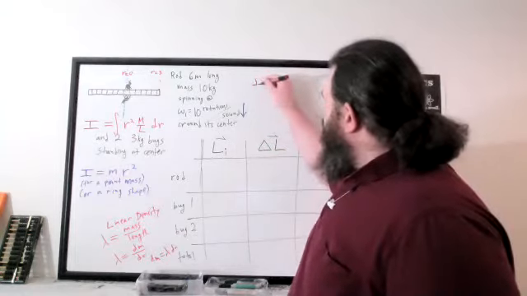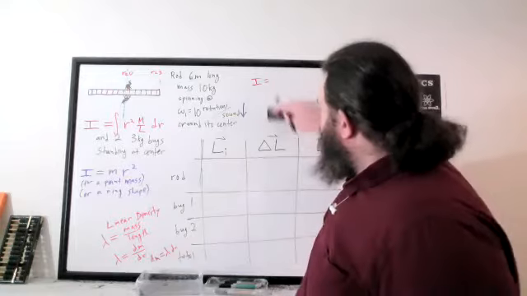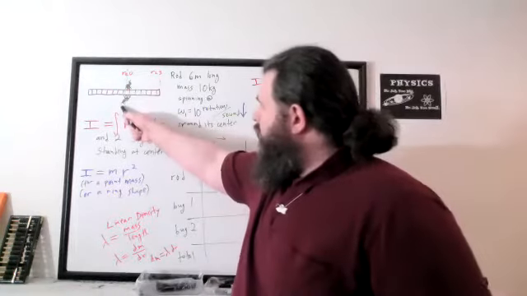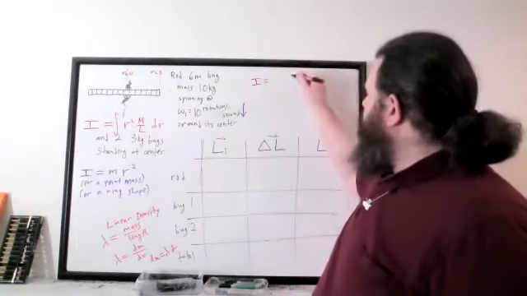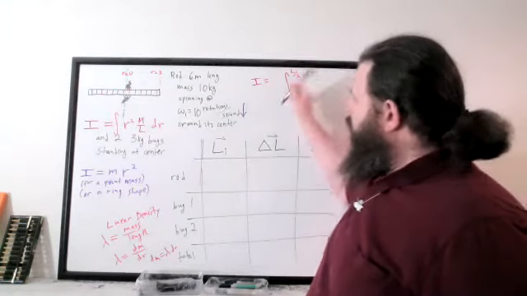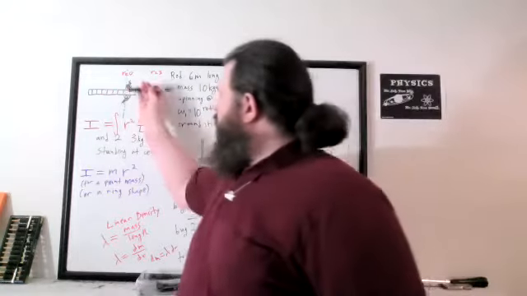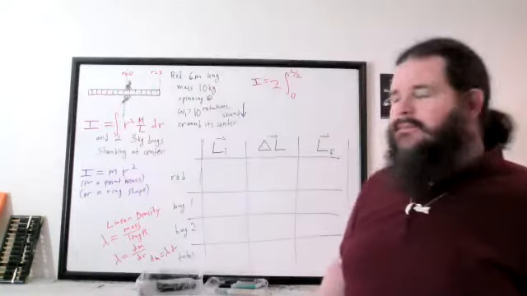If we just integrate, in this case, from 0 to half the length of the rod, from 0 to L over 2, that is from 0 out to the edge, but then double it because we've got 2 copies of that half rod.